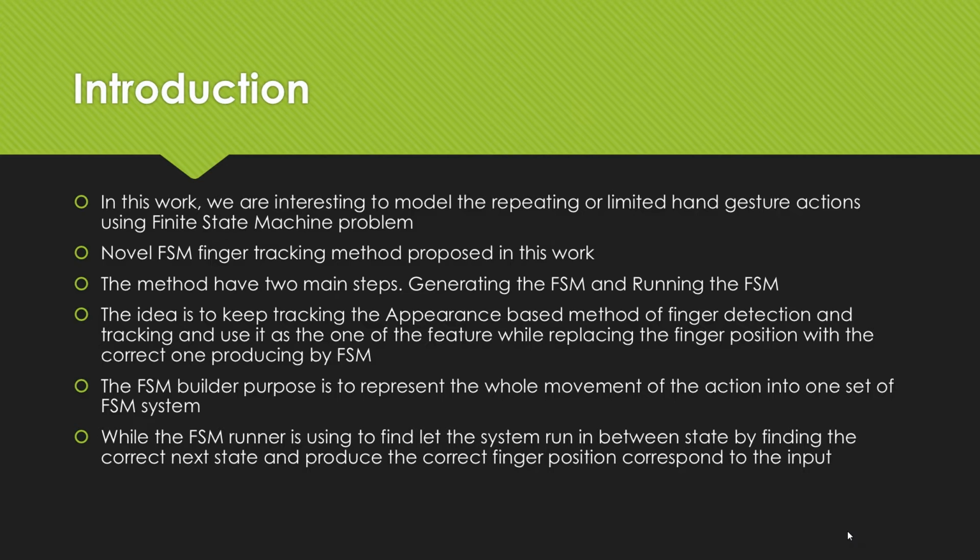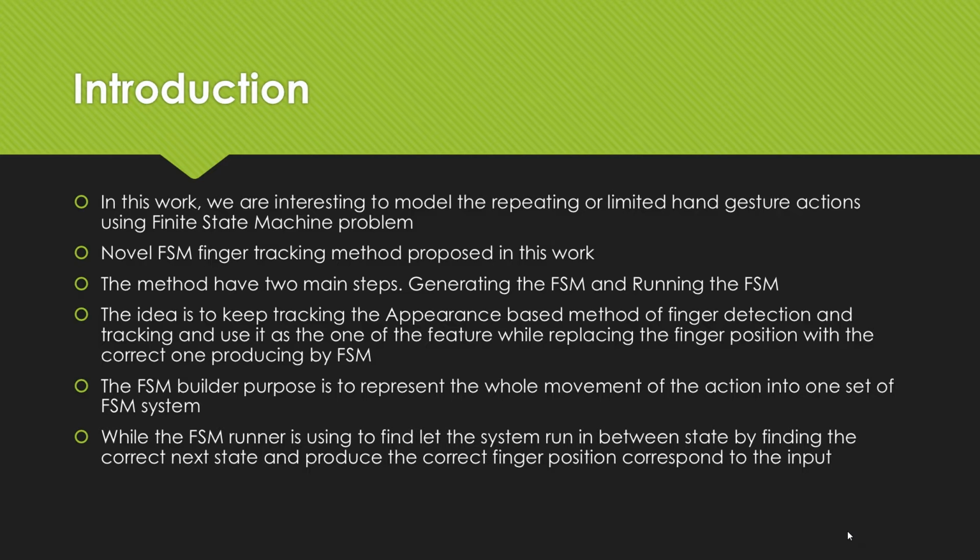The idea is to keep tracking the hand by using the finger, using an appearance-based method, finger detection and tracking, then use it as one of the features while replacing the finger position with the result from the finite state machine system.